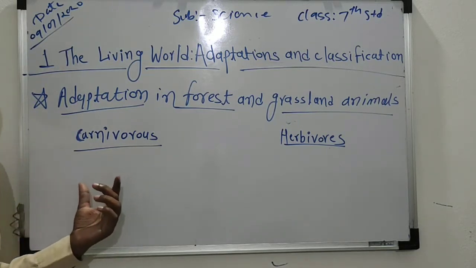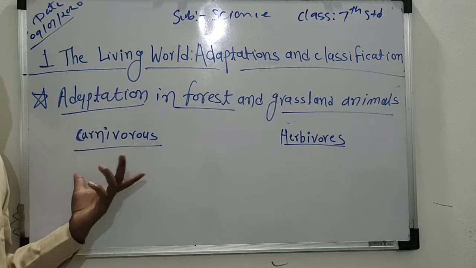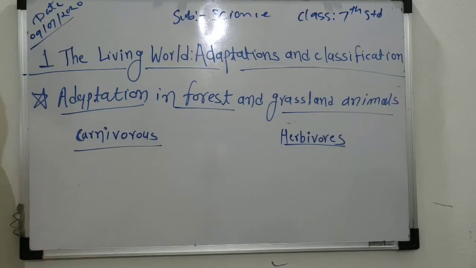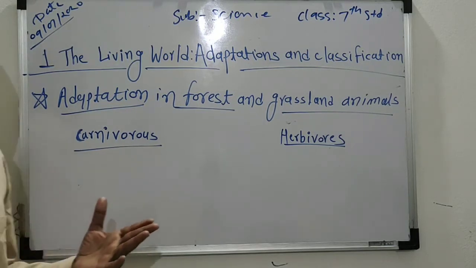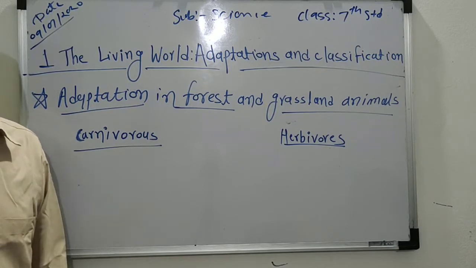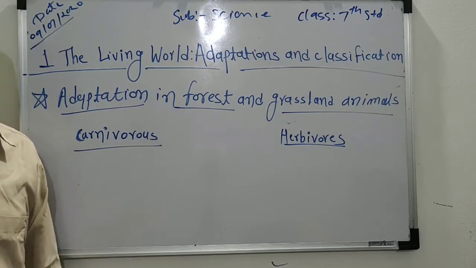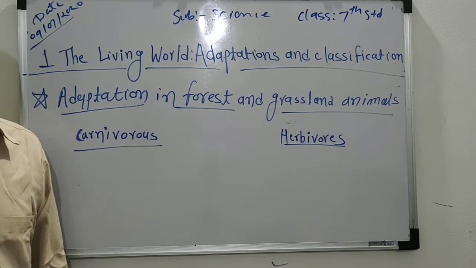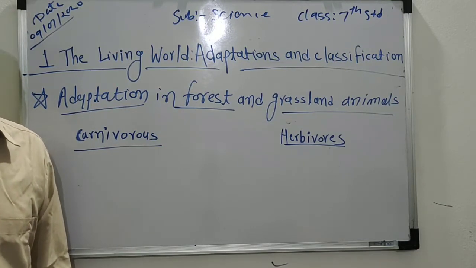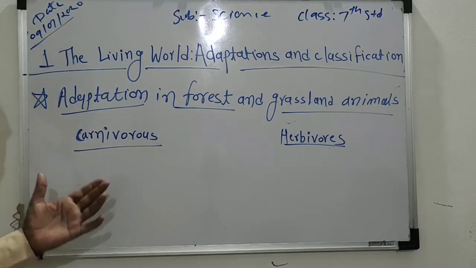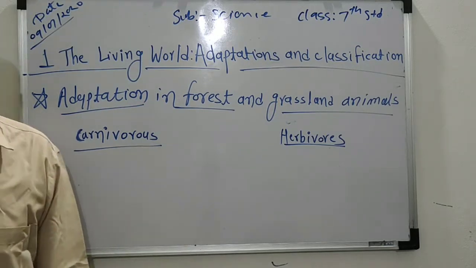Carnivorous animals are those that eat other animals. Examples are tiger and lion, and also wild dog and fox. These are examples of forest animals, forest carnivores. So what is the speciality of carnivorous animals?